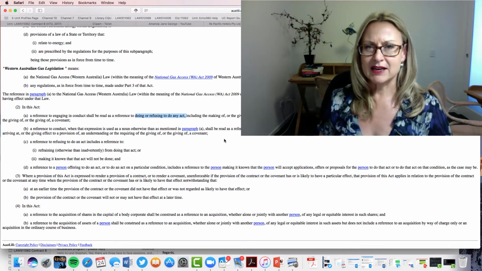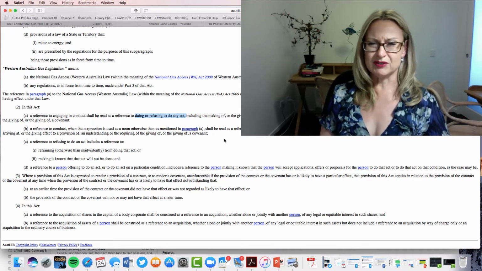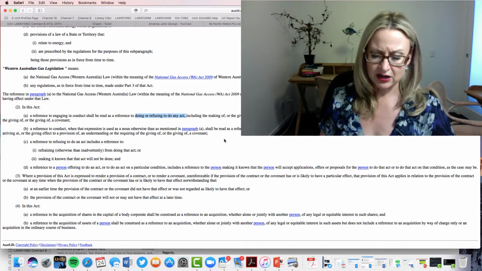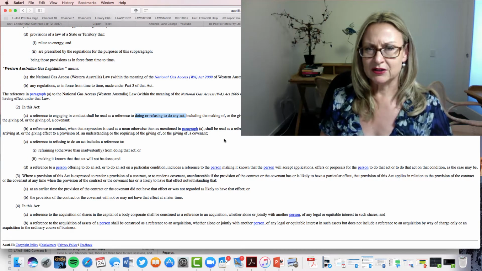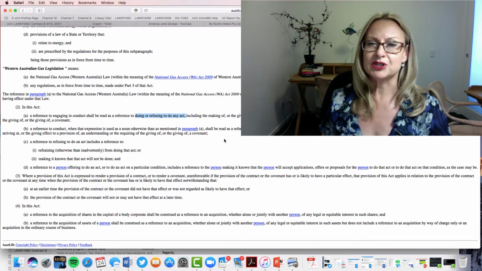Here we had reliance on what was effectively silence, I guess, as an actual misstatement. And the court actually found that there was no misleading or deceptive conduct in the surrounding circumstances.